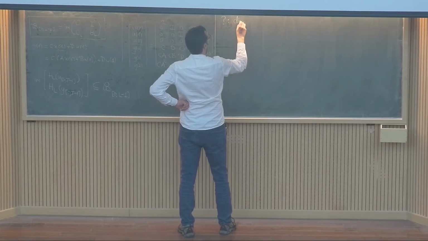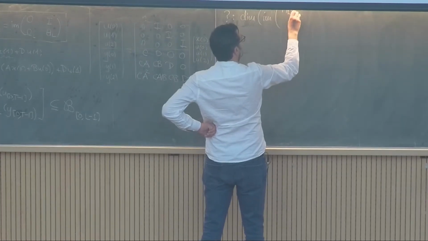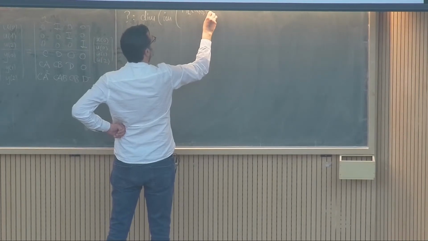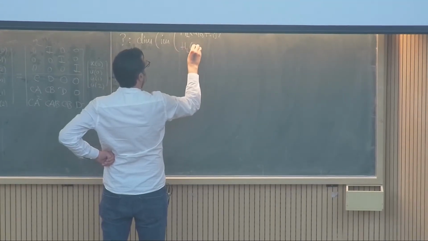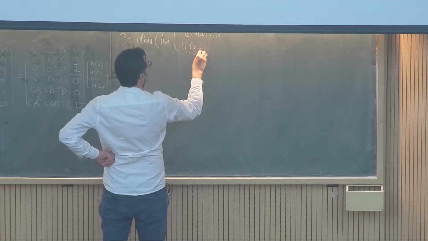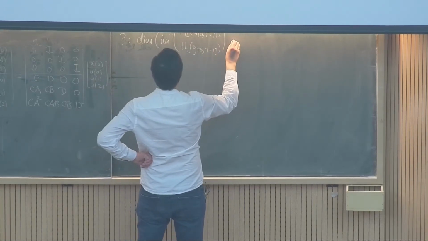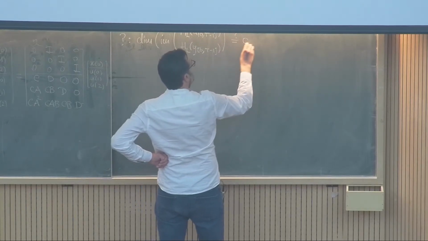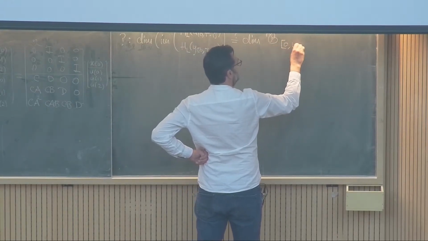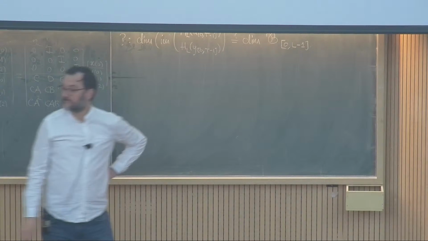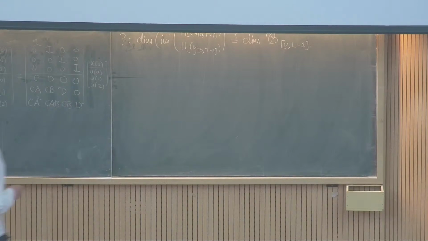Is the dimension of the image of Hankel L of U and Hankel of Y equal to the dimension of the restricted behavior on 0 to L minus 1? That's the question. Okay? Now I do the following.